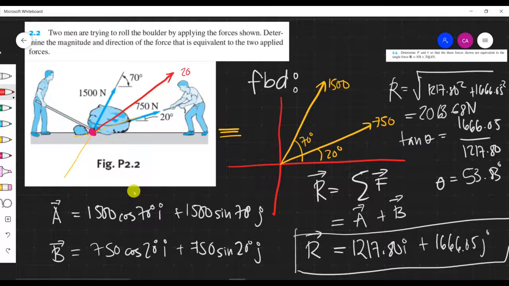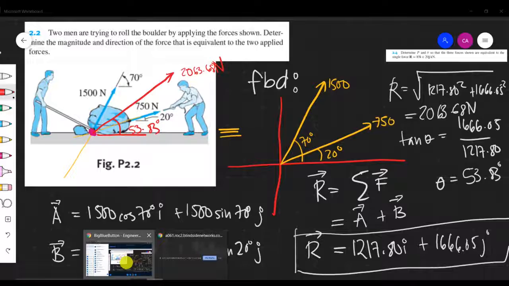So this is 2063.68 Newton at an angle of 53.83. That means the combined effort of the man on the left and the man on the right, the total force they apply on the rock, is equal to 2063.68 Newton at an angle of 53.83 degrees. Okay? So that's our solution.